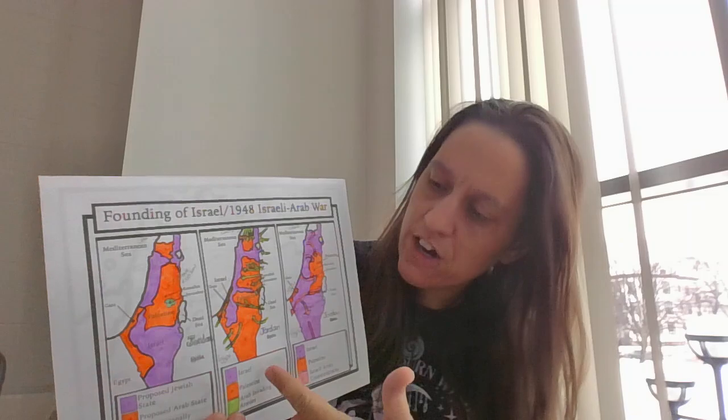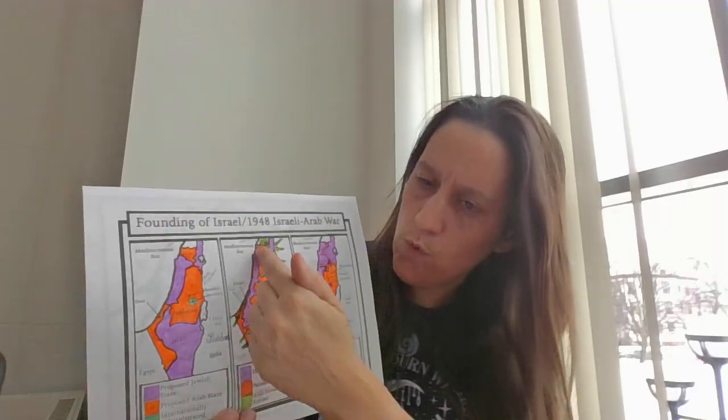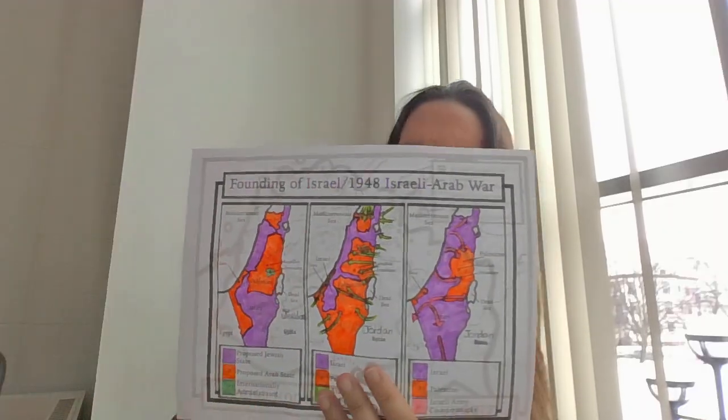And this is where we get conventional warfare now. The armies are organized, they're getting military supplies. This is not a civil war anymore, it is a coordinated plan.